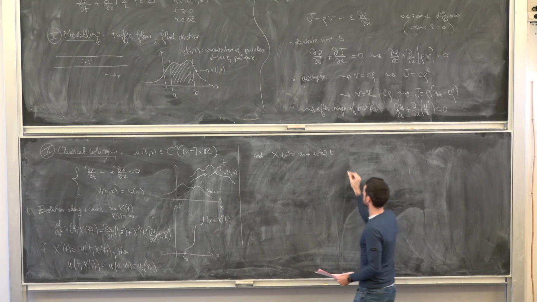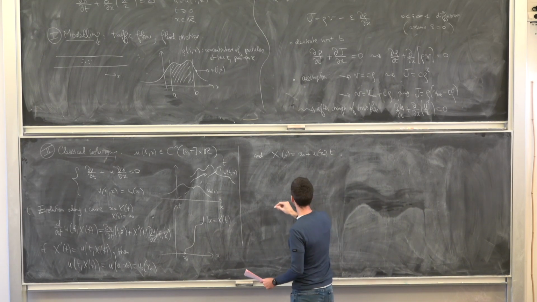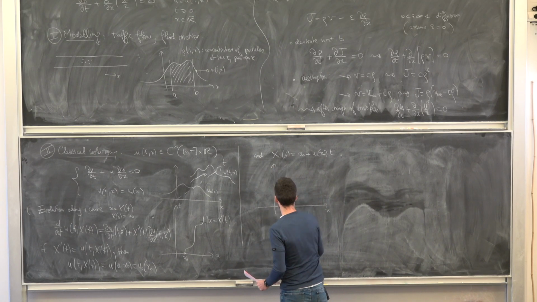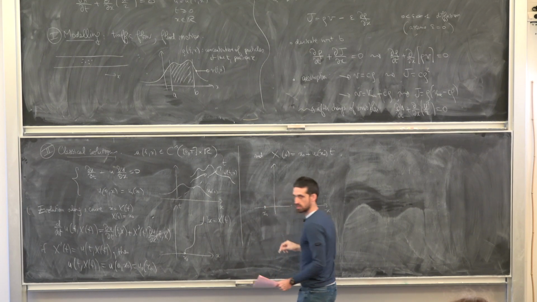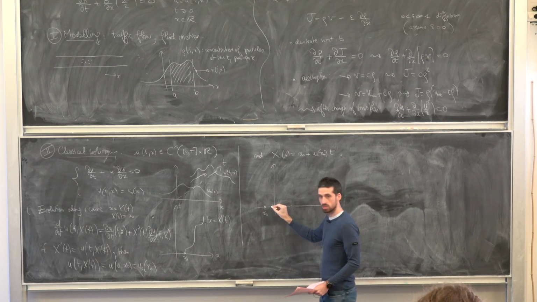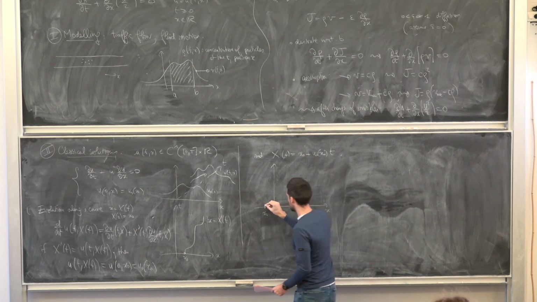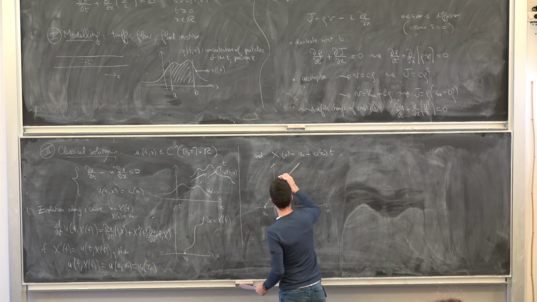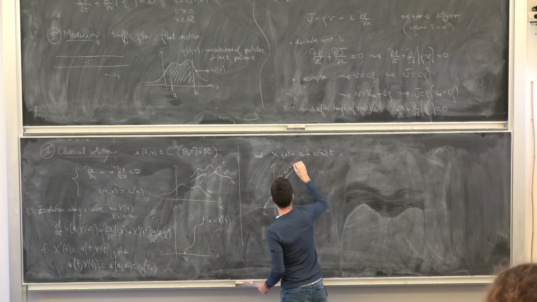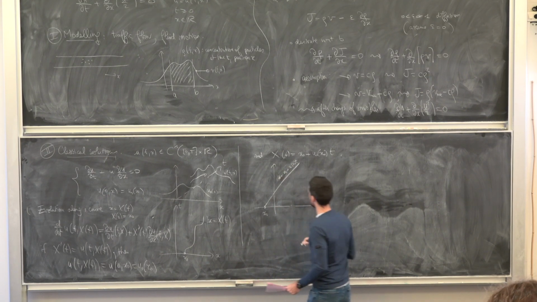Okay, so let's try to make a picture of what we learned. We have, say, a point x0 here. We know that the initial condition has some value here. Then we draw the line x equals x0 plus u0(x0) t.